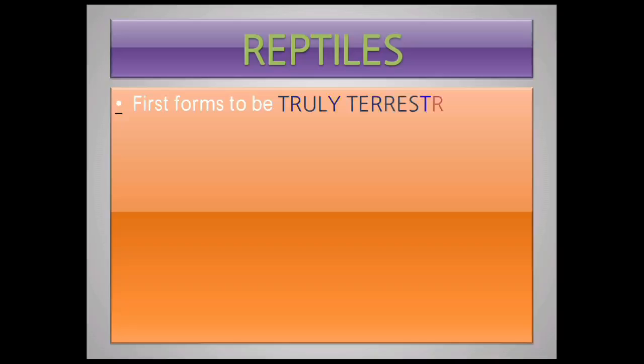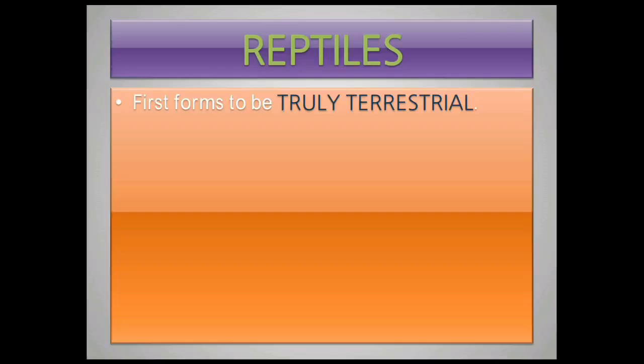Now students, if I start with the reptilian heart, reptiles are the first forms to be truly terrestrial. This is what we have earlier discussed, that these are the truly terrestrial animals present on land.